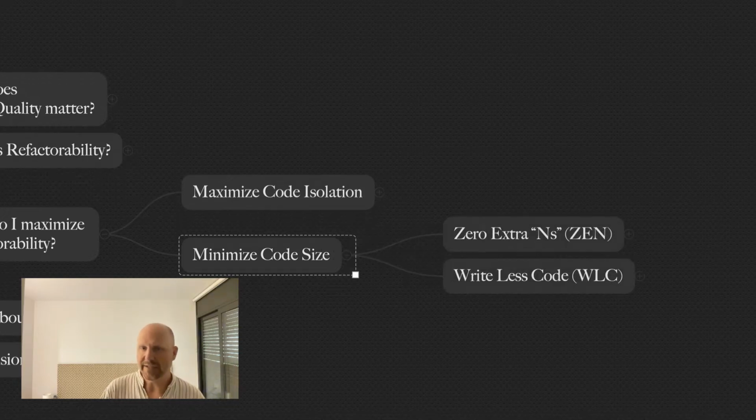Minimizing code size comes in 2 major flavors, and I find they're an analog of the computer science analysis of performance. There is the big O, or asymptotic performance analysis of algorithms, which is how does it scale?